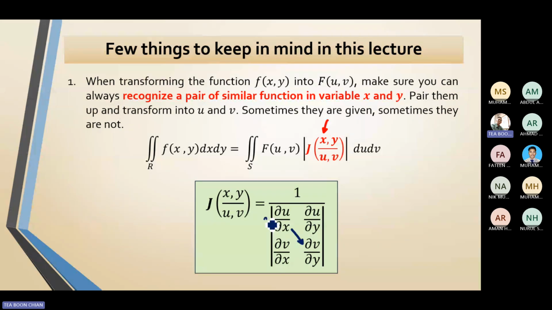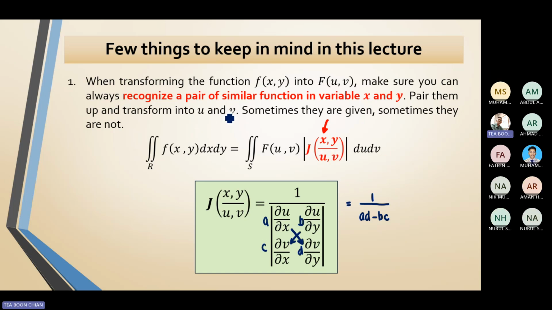Here, if I denote A, B, C, D, then the matrix determinant is given by A multiply D minus B multiply C. So this is the Jacobian term.